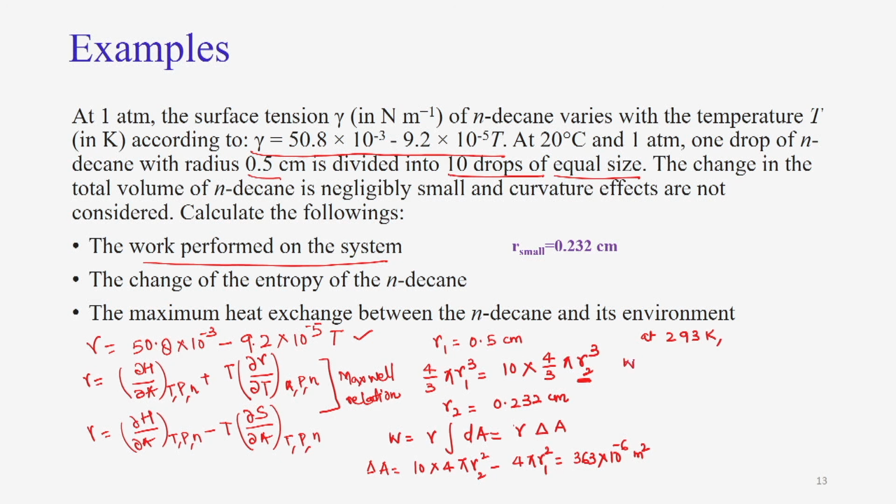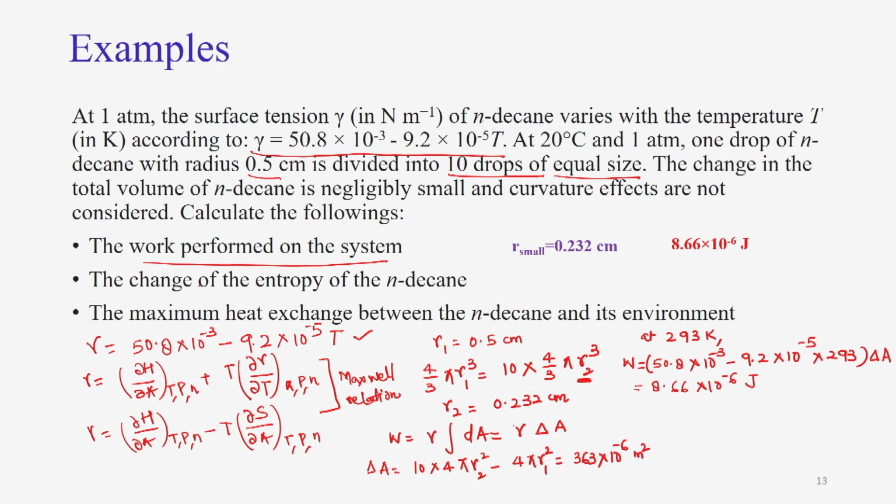And so, work will be W equals 50.8 into 10 to the power minus 3 minus 9.2 into 10 to the power minus 5 into T, which is 293, into delta A, and delta A we have already calculated. So, W will be 8.66 into 10 to the power minus 6 joule.